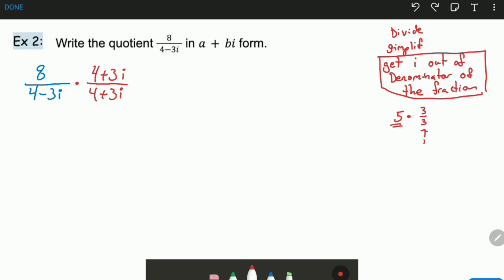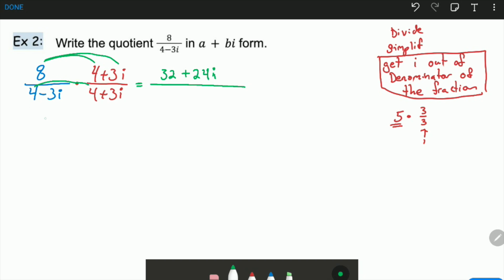Okay, so let's go ahead and do the multiplication. On top, when you multiply fractions, just multiply across the top. So because there's 2 terms in the second fraction, we're going to have to distribute. 8 times 4 is 32. And 8 times 3i is 24i. On the bottom, we're going to have to do that as well.